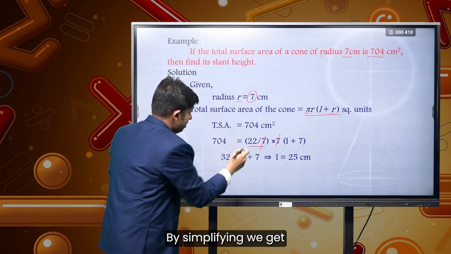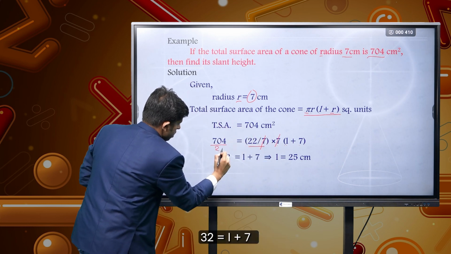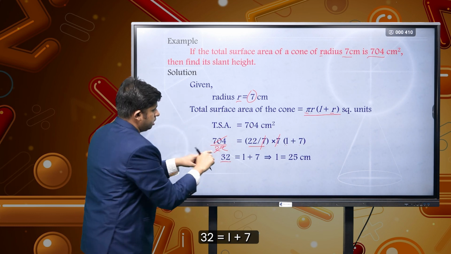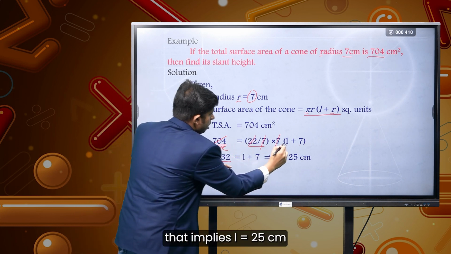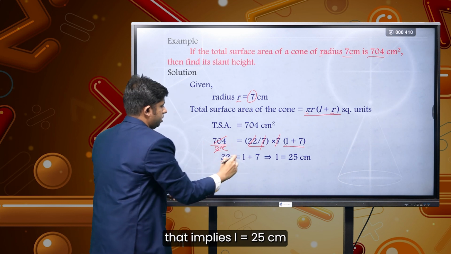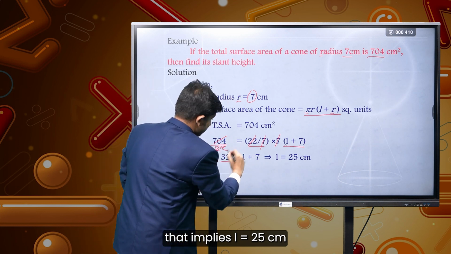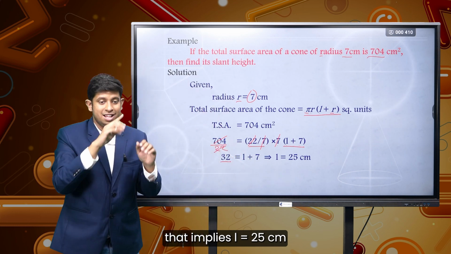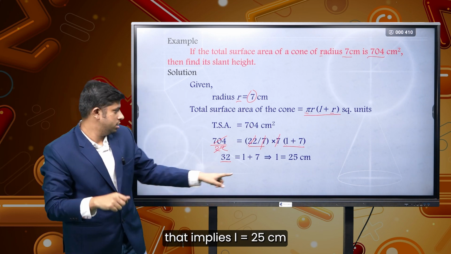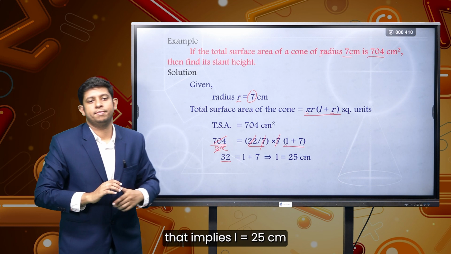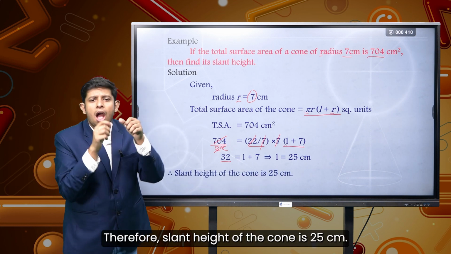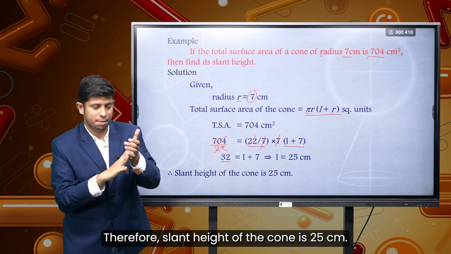By simplifying, we get 32 is equal to L plus 7. That implies L is equal to 25 cm. Therefore, slant height of the cone is 25 cm.